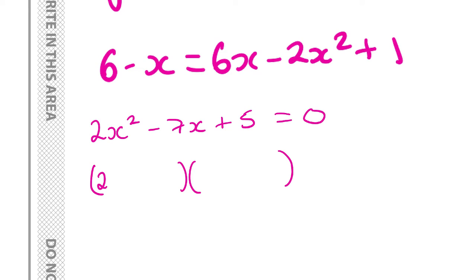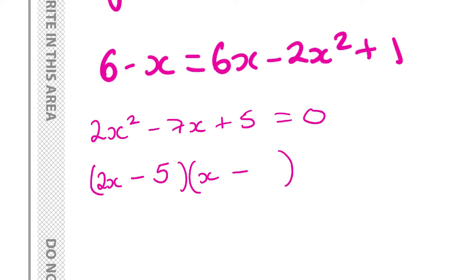You can use a calculator, but it says solutions relying on calculators won't be fully accepted. So even when you use your calculator, like you get your mode, equation, 3, and you type in 2, minus 7, 5, you're going to get 5 over 2 and 1.